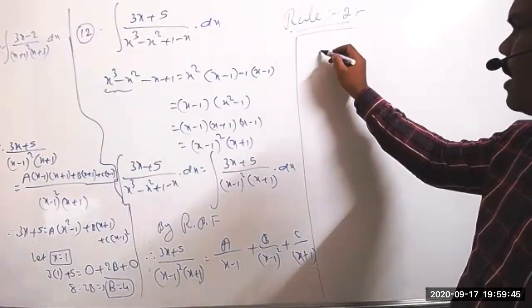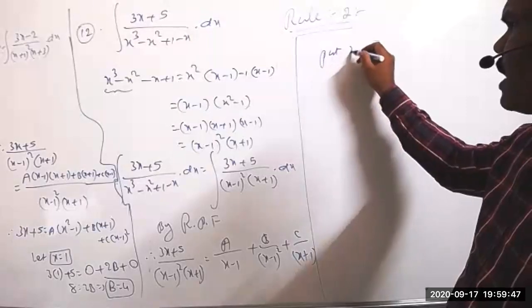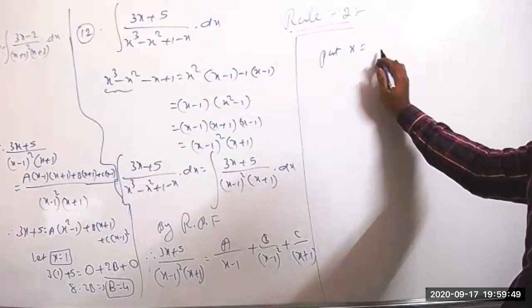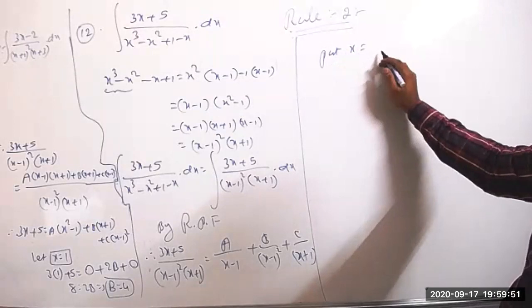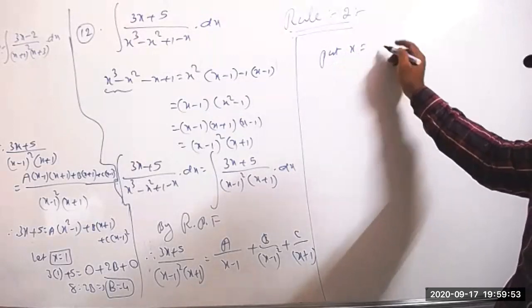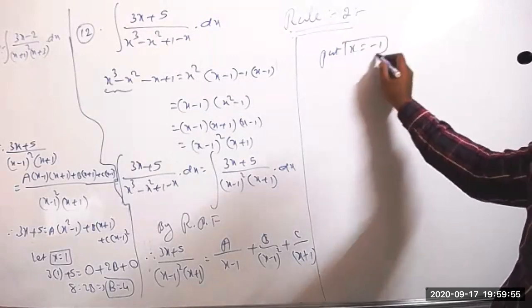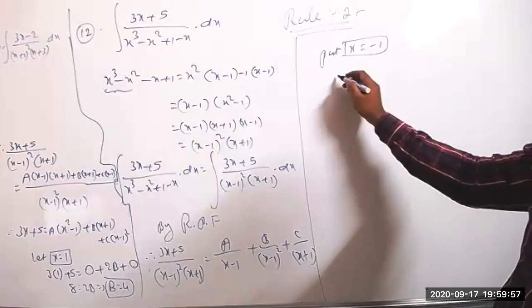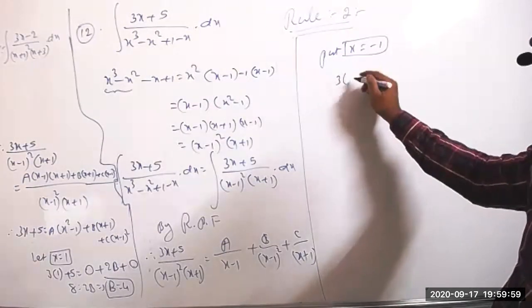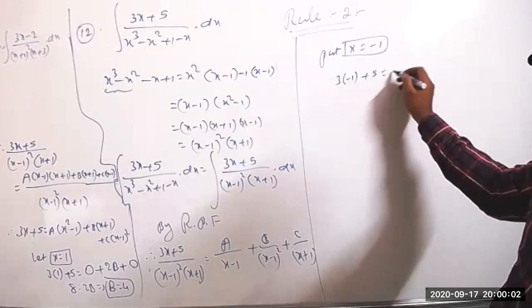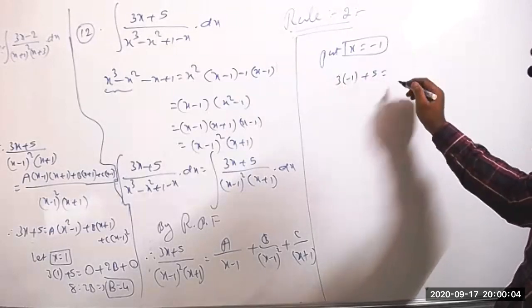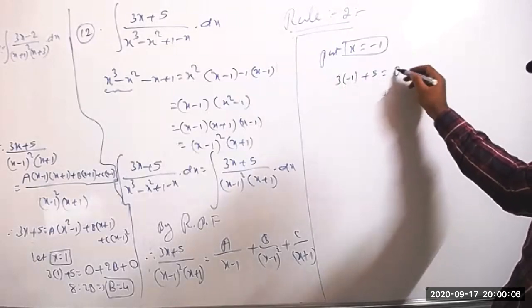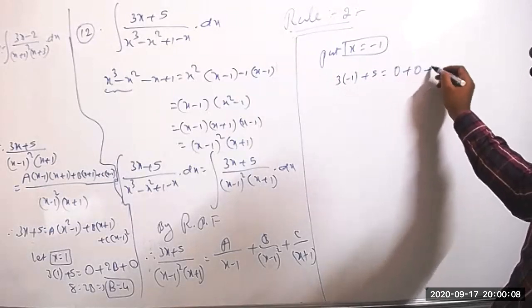Okay. Next, put x equal to minus 1. So therefore 3 into minus 1 plus 5 is equal to, clearly the a will become 0. 0 plus b also becomes 0 only.